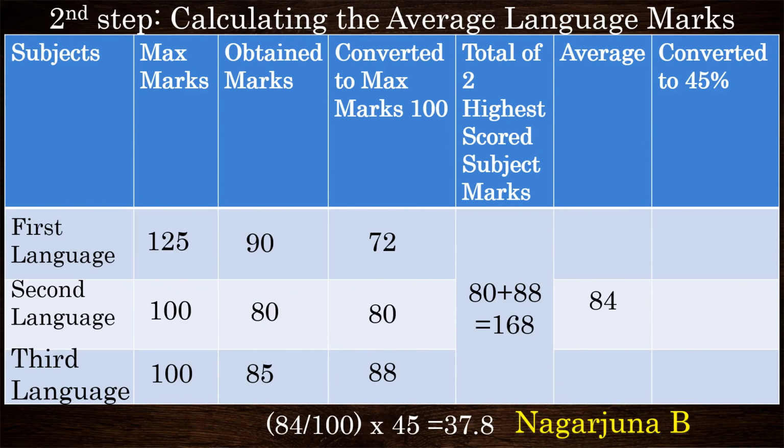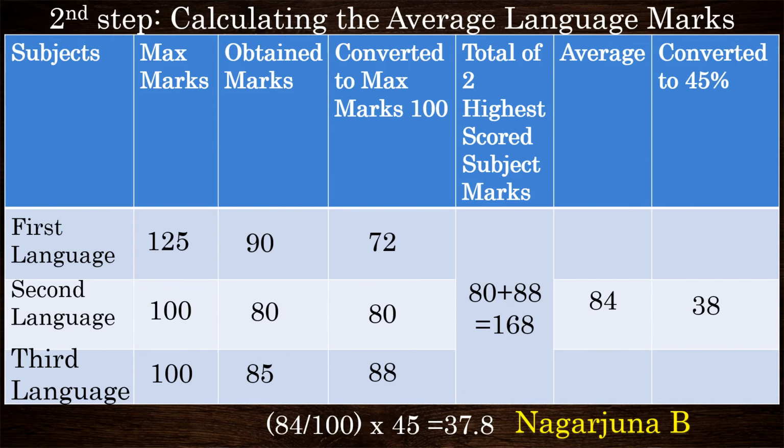So when it is 37.8, after the decimal point, if you get 0.5 or more than 0.5, then convert that to a full digit. It means you can consider this one as 38. If you get 37.4, 37.3 like that, you need to take it as 37. When it is more than or equal to 0.5, then round off to the next digit, so 37.8 will be equal to 38.